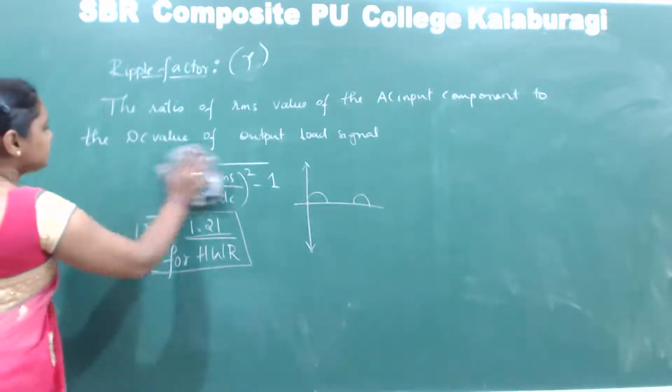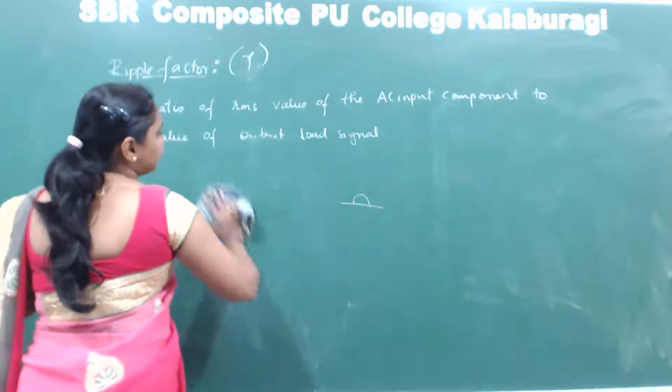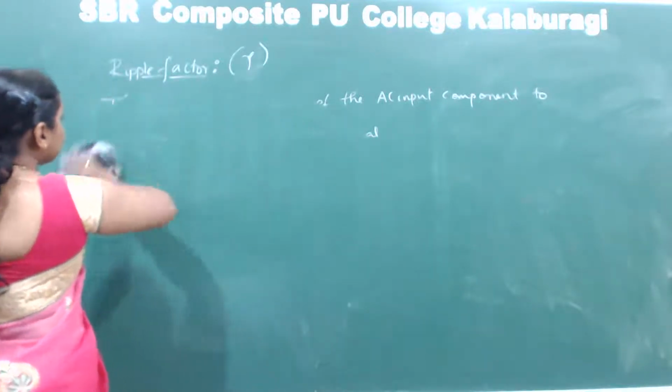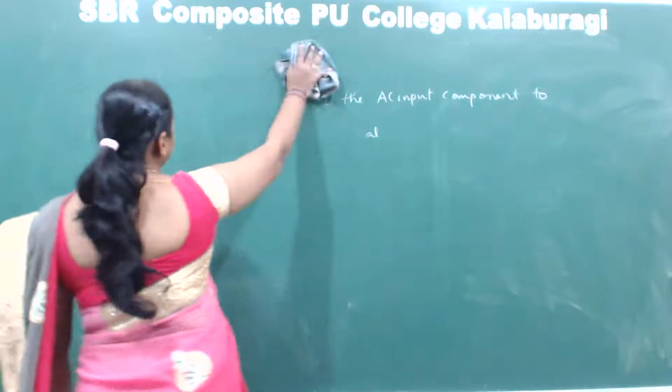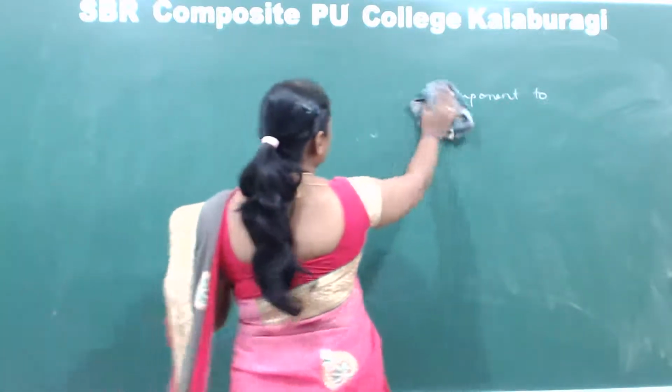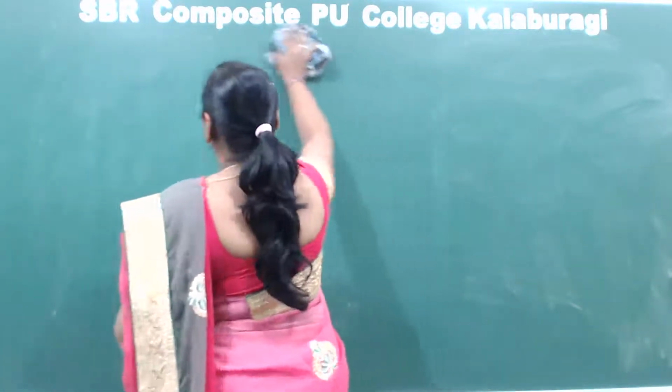Now we will see the efficiency. Efficiency is usually a ratio of output to input. What is the output in this case? The output is the DC value, whereas the input is the AC value.